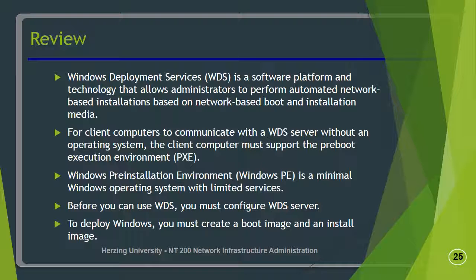The Windows Preinstallation Environment, also known as Windows PE, is a minimal Windows operating system with limited services. Now, before you can use WDS, you must first configure the WDS server. To deploy Windows, you must create a boot image and an install image.